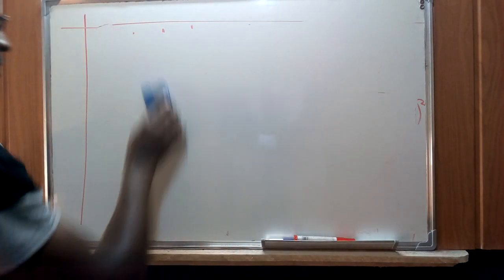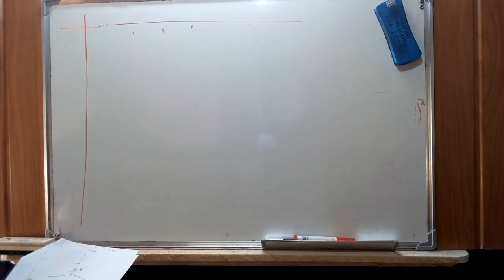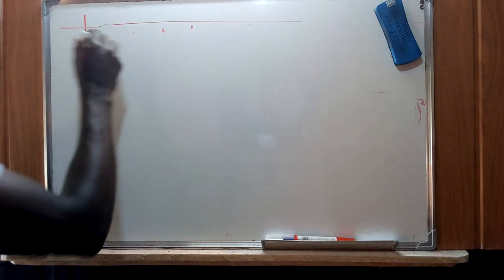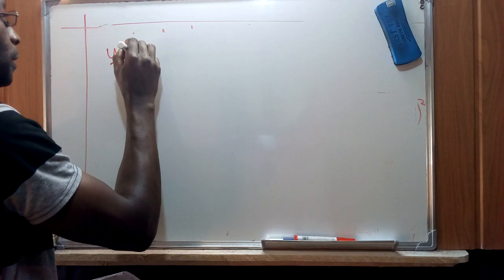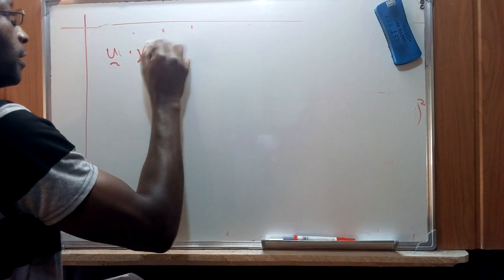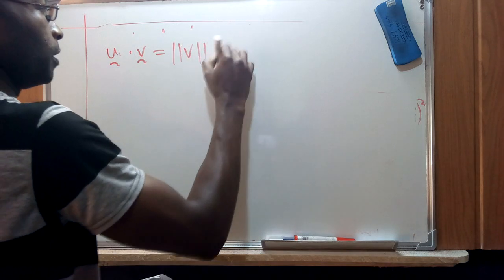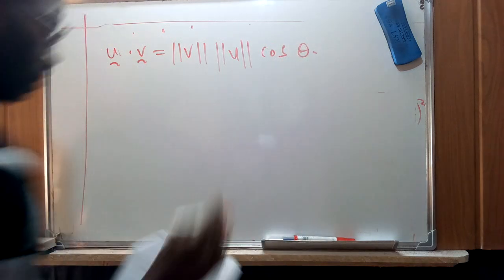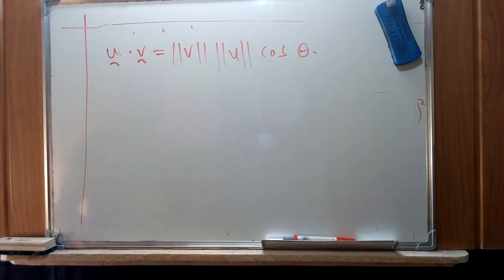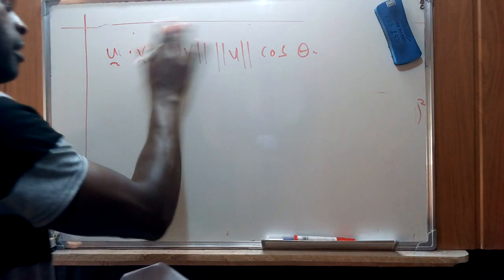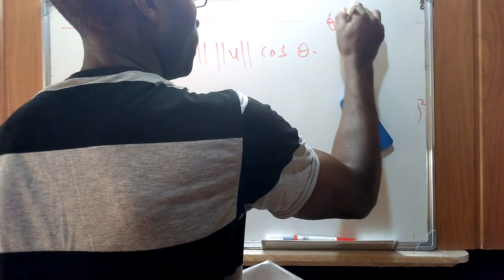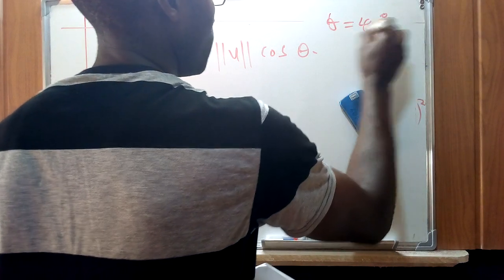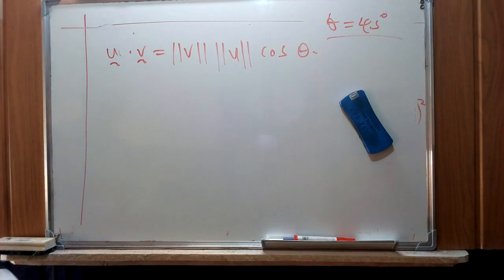We said that this dot product can be represented using this particular formula: the norm of v times the norm of u times the cosine of theta, which is the angle between them. We were given theta as 45 degrees, so we are going to use that figure.